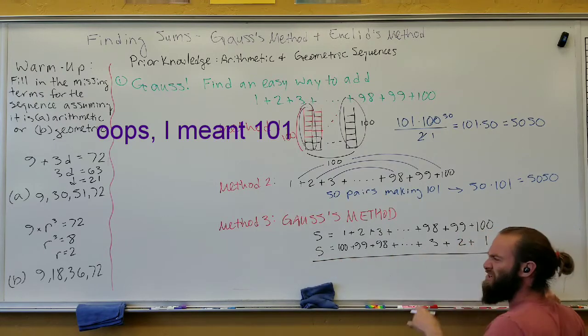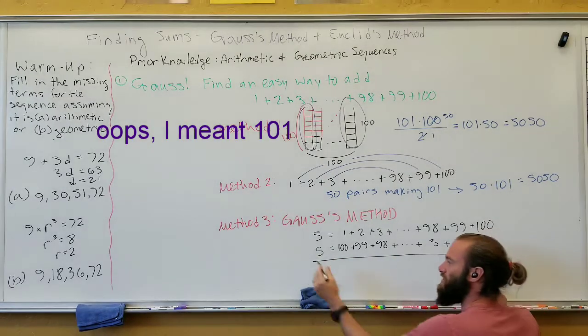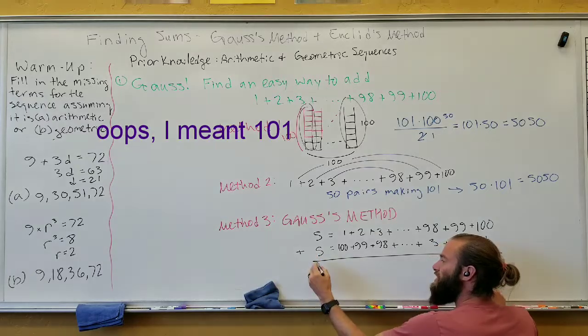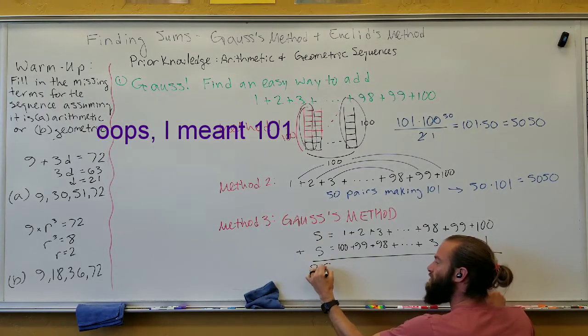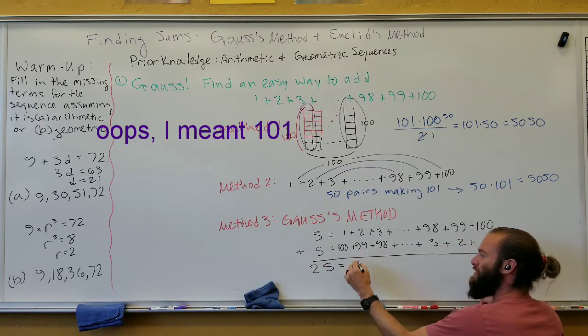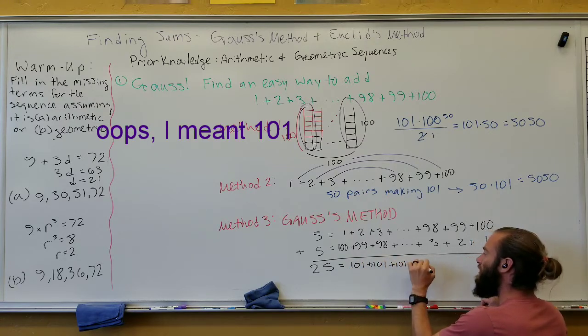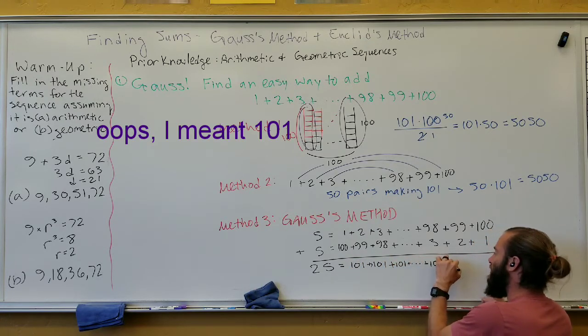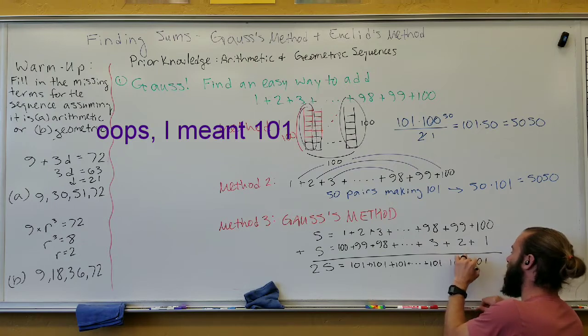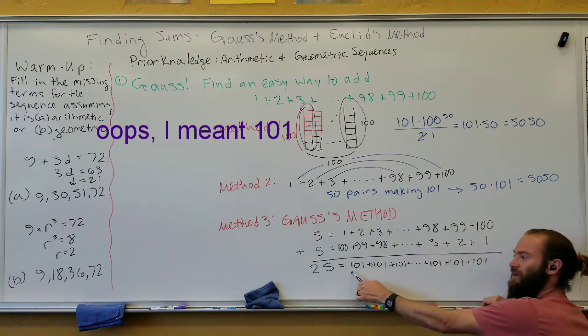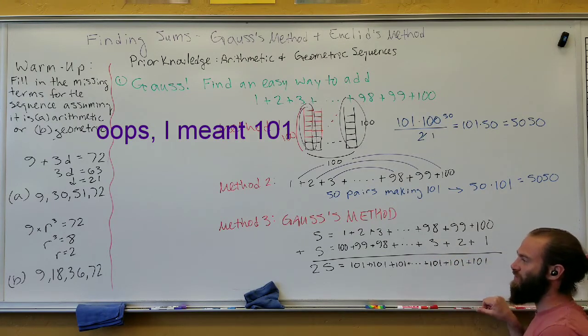Now, we've learned that we can add 2 equations up with each other and still get another true equation. So S plus S gives me 2S, and look what happens. We get 101 plus 101 plus 101, and again, we can just think, how many of those are there going to be?